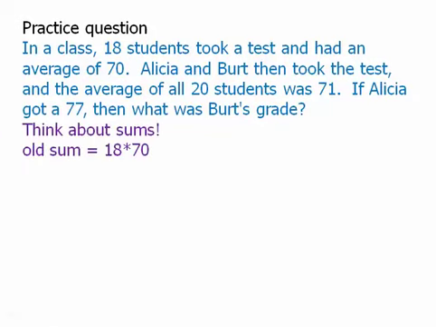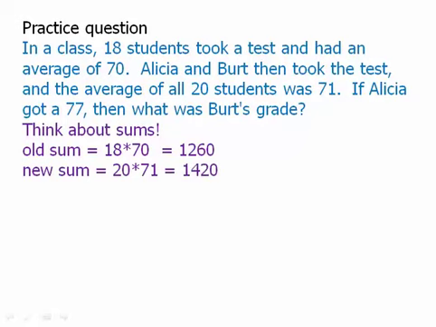So first of all, the old sum, those 18 people, I'm just going to take 18 times the mean of 70, multiply that out, and that's 1260. Now the new sum of all 20 students, that's going to be 20 times 71, multiply that out, that's 1420.